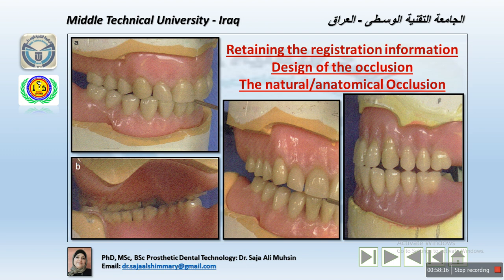The teeth also overlap each other in a natural manner, the lower first premolar occluding with the upper canine and first premolar, the lower second premolar occluding with the upper first and second premolars, and the lower molar occluding with the upper second molar and first molar.